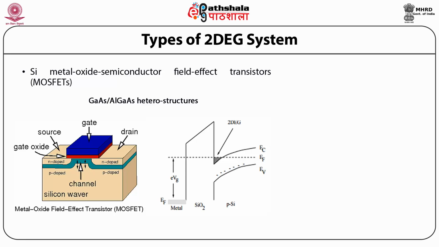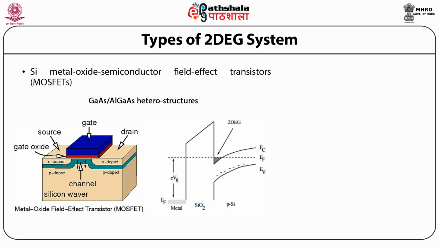Now, the schematic of the MOSFET is shown in this figure. Here, silicon surface serves as a substrate, while SiO2 layer on the silicon behaves as an insulator.